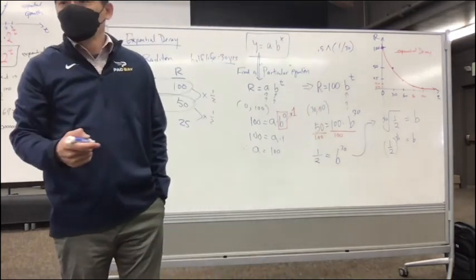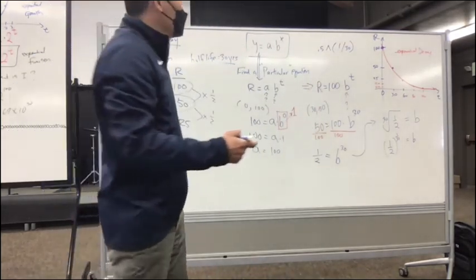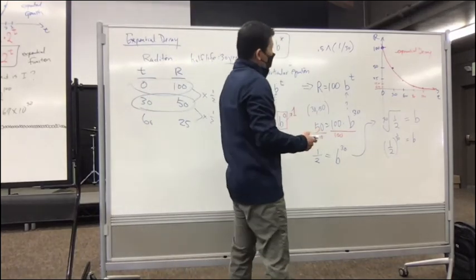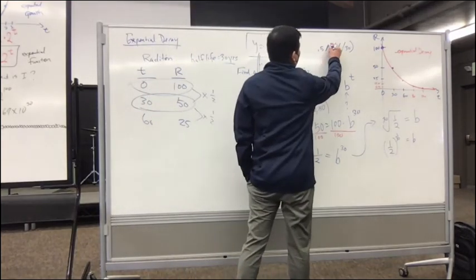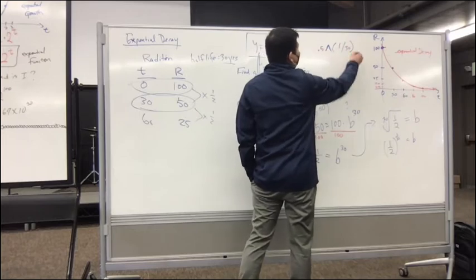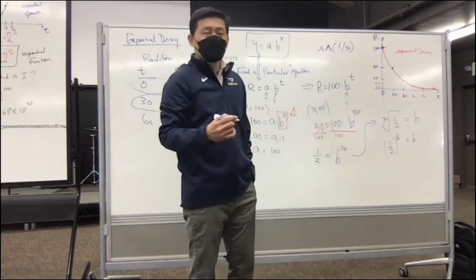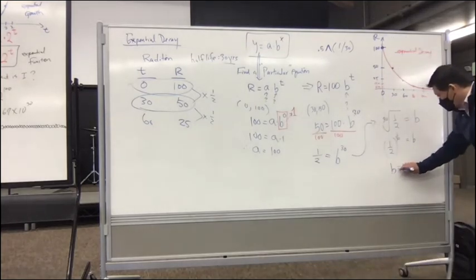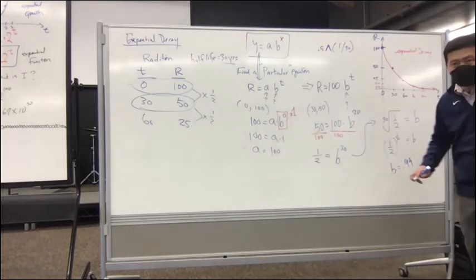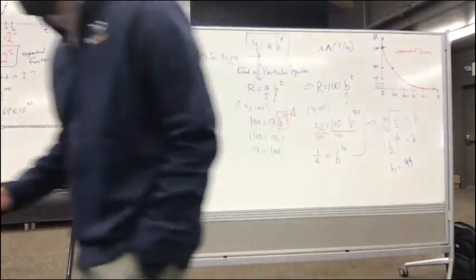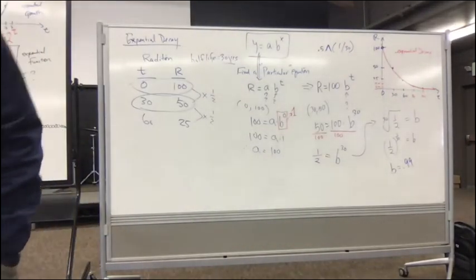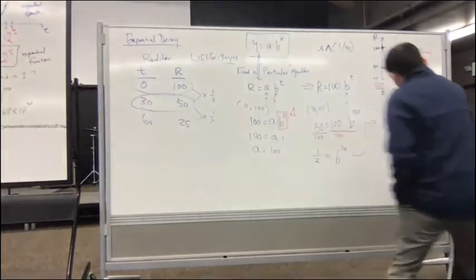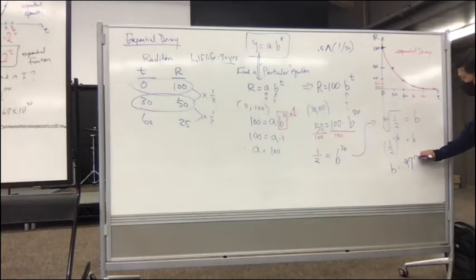So then B is 0.977, and then a bunch of numbers.